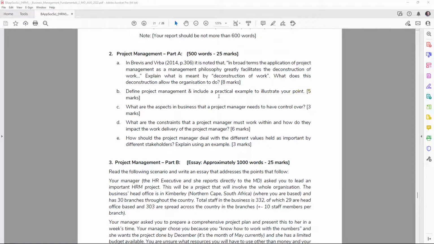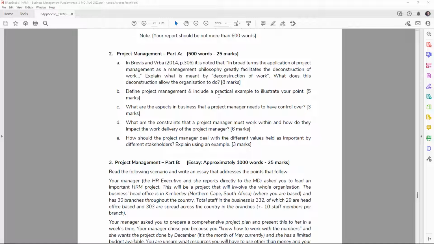For example, I just explained the building of a ship, which is not like a normal manufacturing line where you constantly produce the same cars all the time. A ship is a unique project, a unique design, and that would be an example of a project.